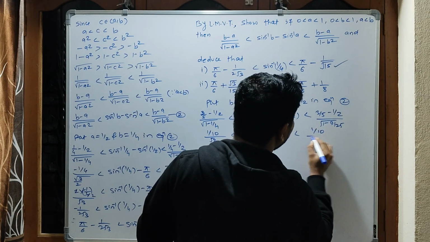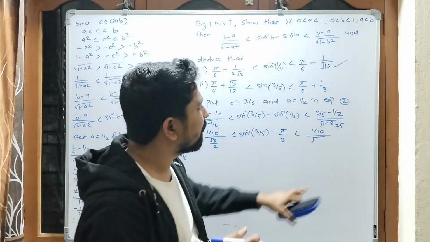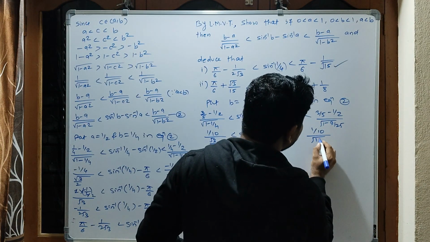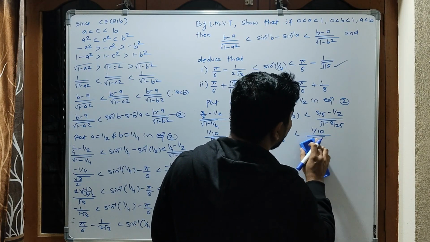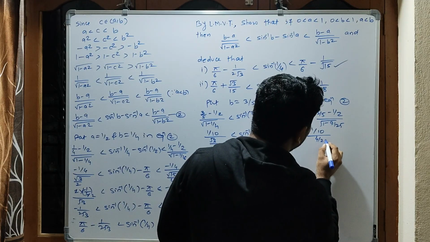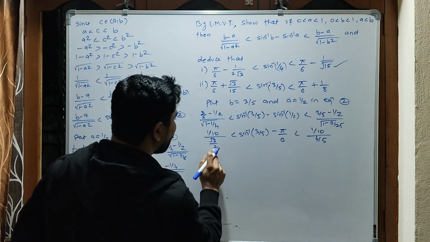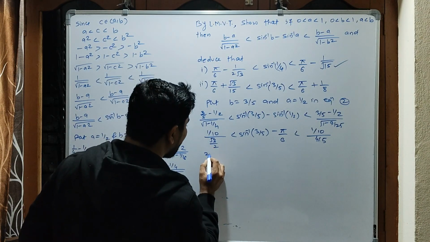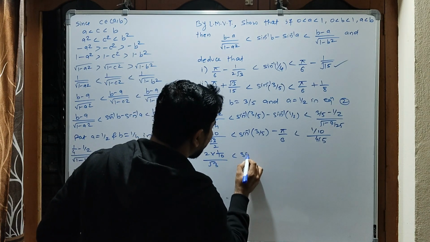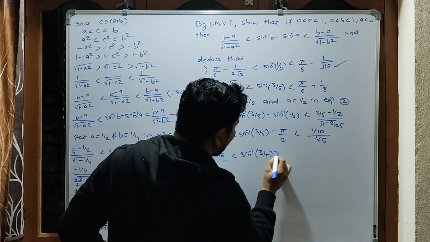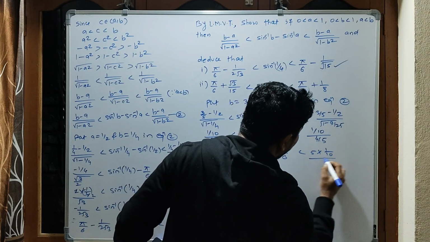Again 1 by 10 divided by, now in the numerator, 25 minus 9 is 16, so 16 divided by 25, the square root of which is 4 by 5. Now the denominator of a denominator becomes the numerator, so 2 into 1 by 10 divided by root 3 less than sine inverse 3 by 5 minus pi by 6, less than 5 into 1 by 10 divided by 4.